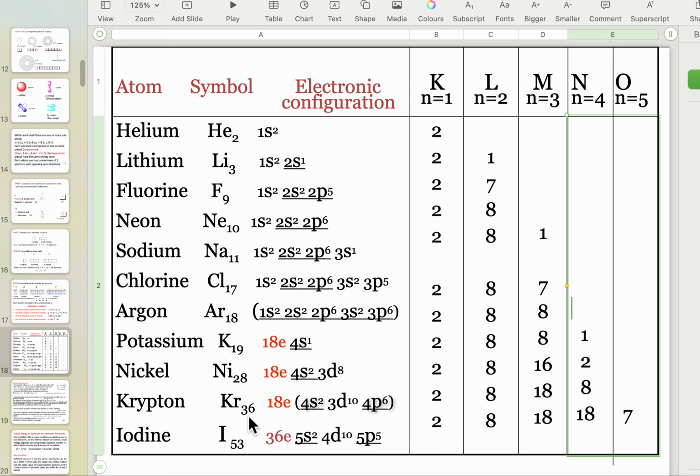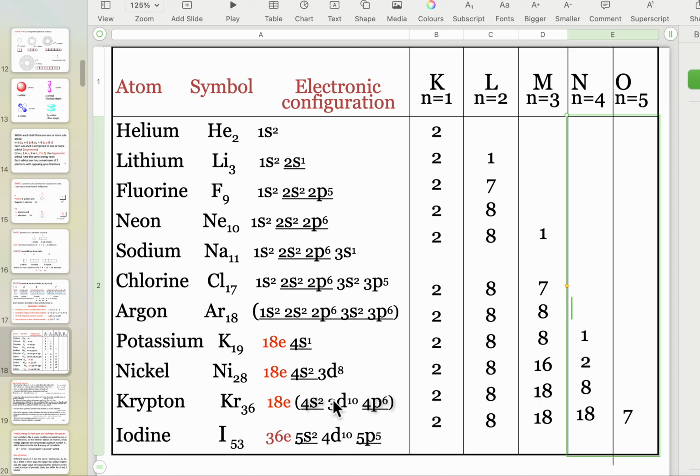Krypton has atomic number 36, so 36 electrons: 18 as we said here, 4s2 3d10, now the 28, and there is 4p6. So if we put all 3d10 and 3s2 and 3p6, 8 and 10, that's 18 in shell 3.